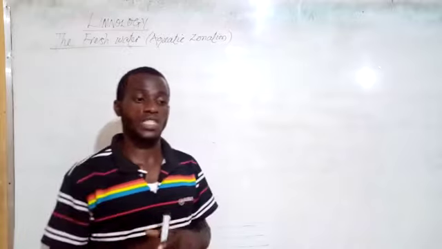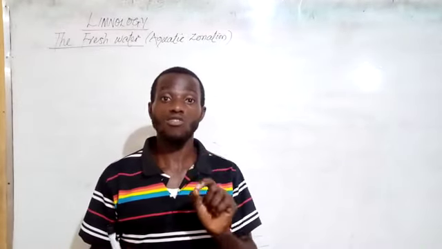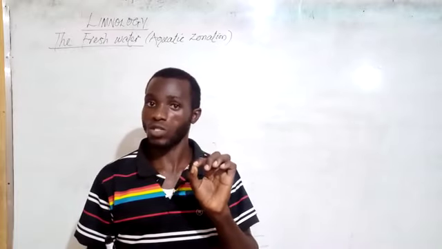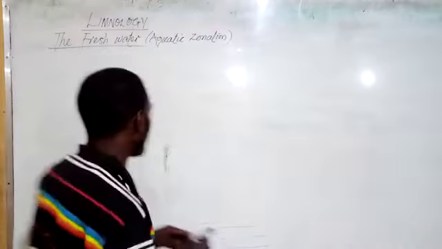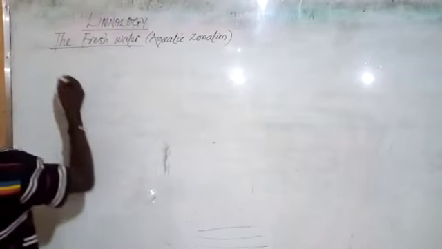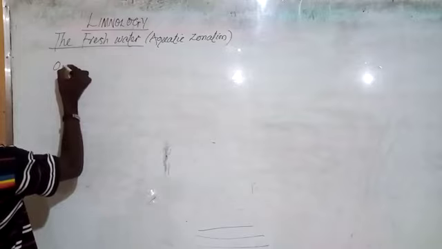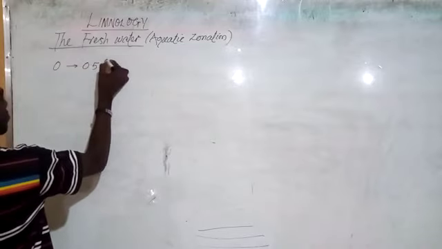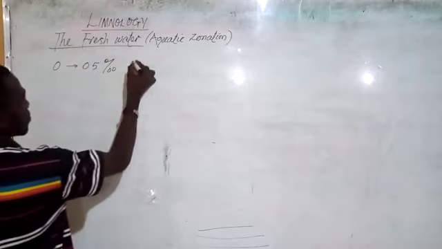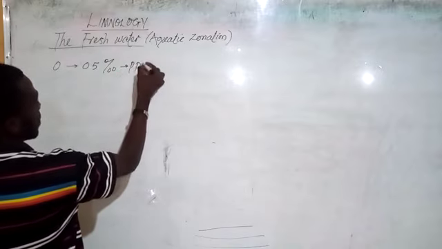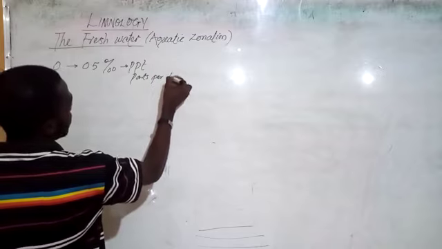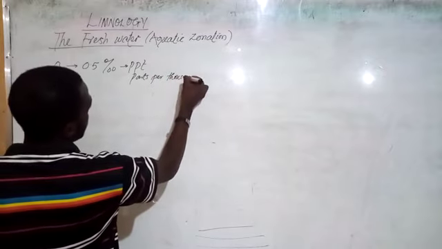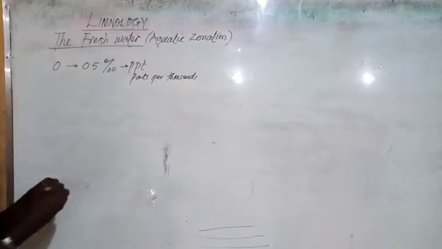First, the freshwater body is simply any water that has no dissolved salt. The range of the saltiness is from 0 to 0.5 parts per thousand. So this is PPT, which means parts per thousand.